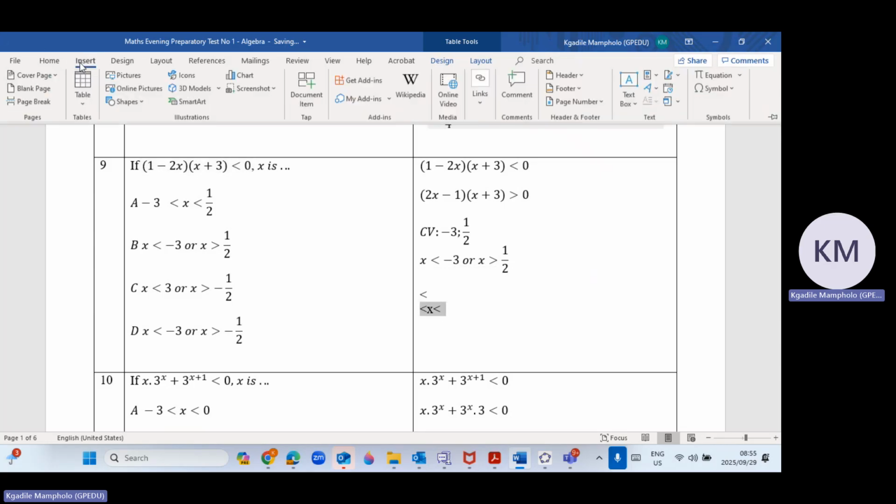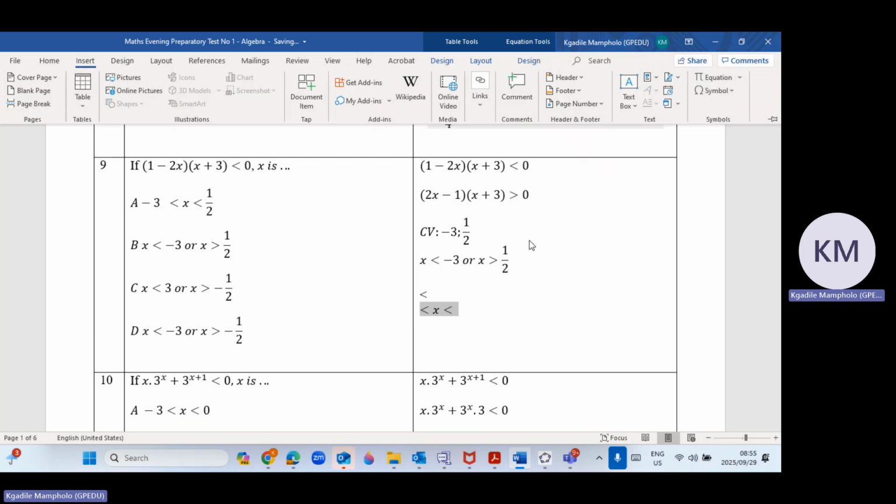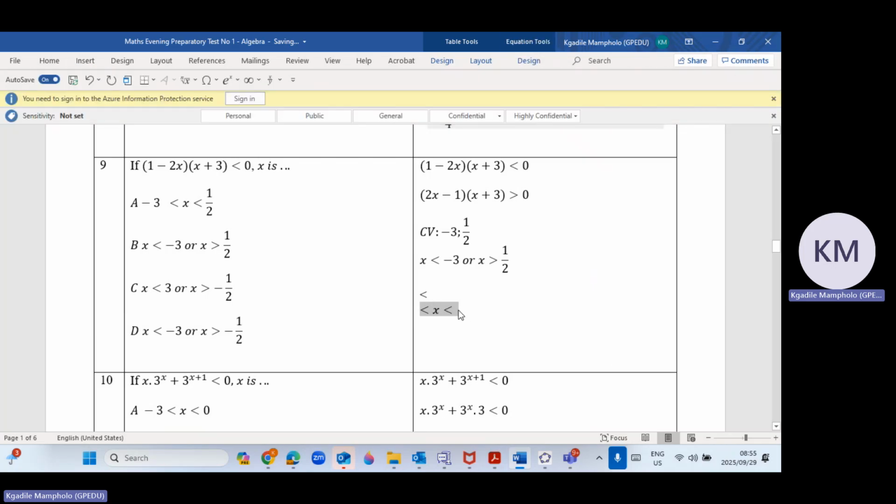You'll know that this will be like this if the inequality sign is less than, provided the coefficient of x in both the brackets is positive.